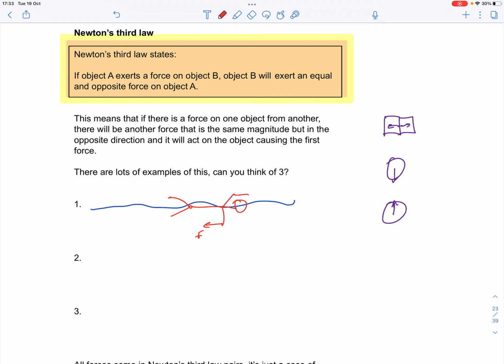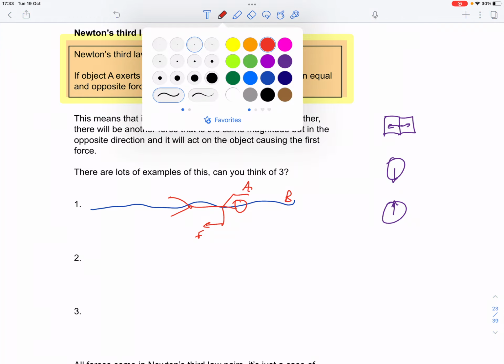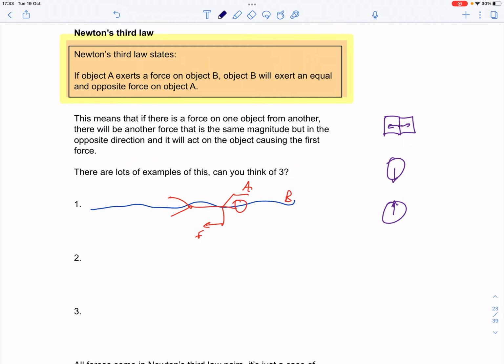Well, we can refer back to Newton's third law to try and explain this phenomenon. If the person is object A and the water is object B, then Newton says that if object A, i.e. the person, exerts a force on object B, i.e. the water, then object B must exert an equal and opposite force on object A, the person.